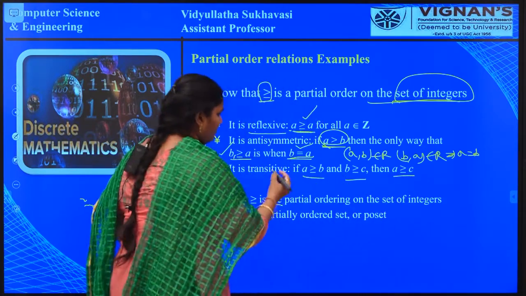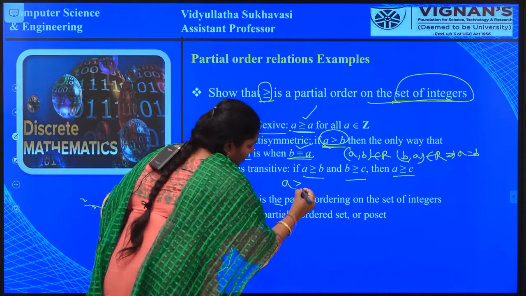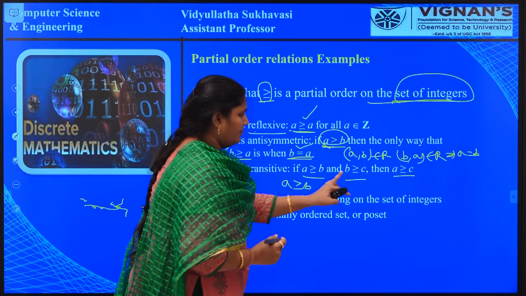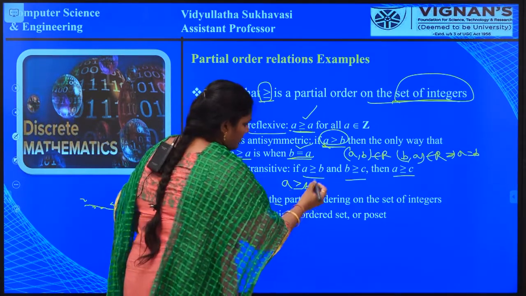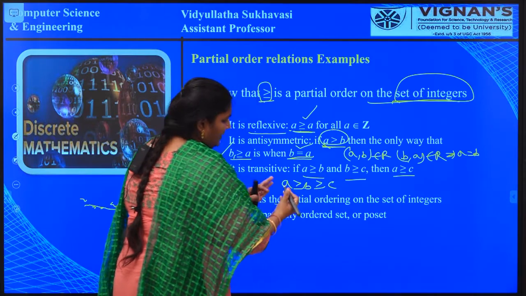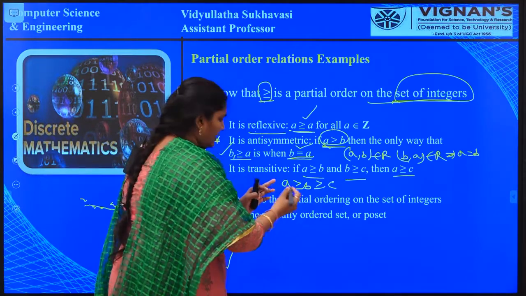See here, A is greater than or equal to B, B is greater than or equal to C. That means the comparison procedure is satisfying.